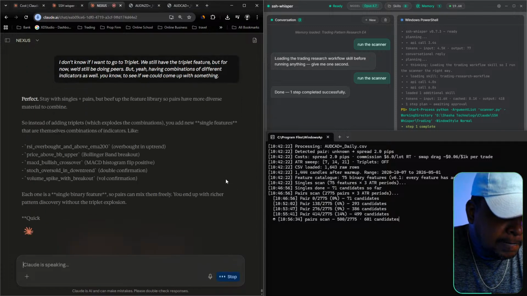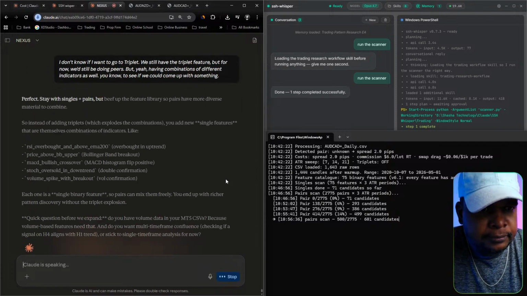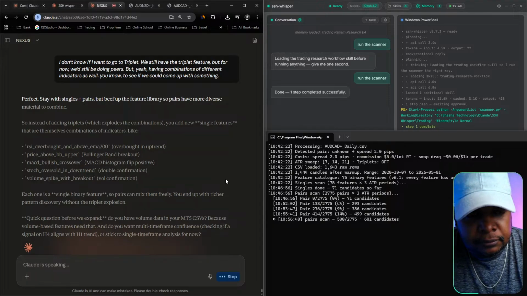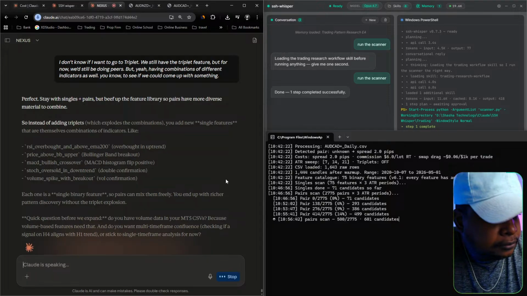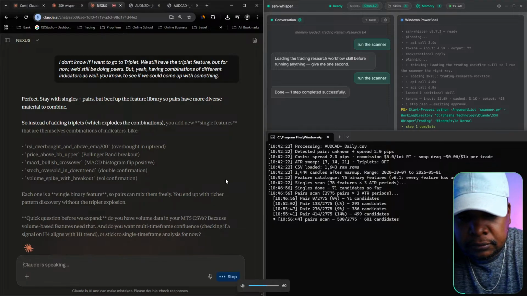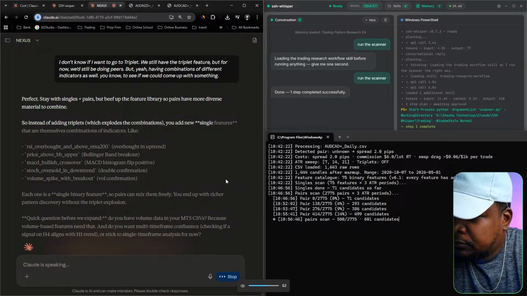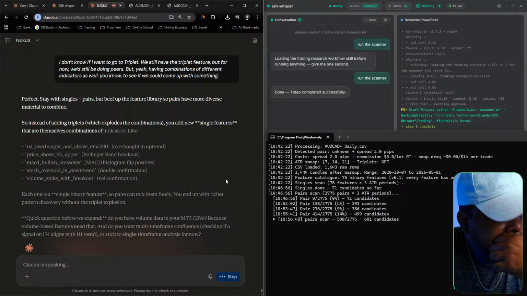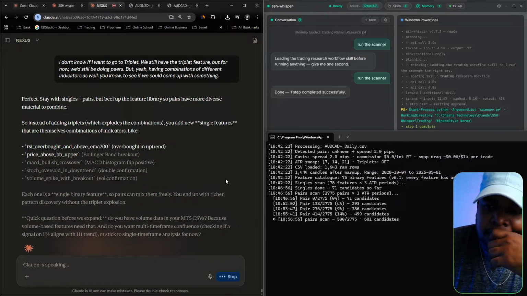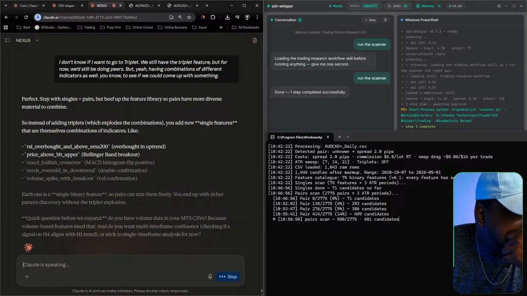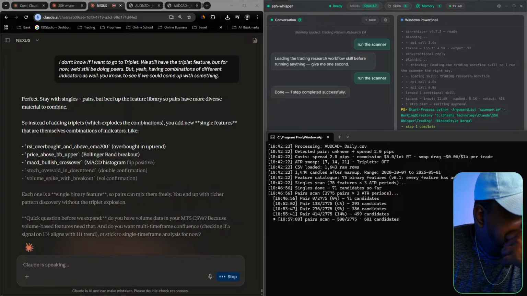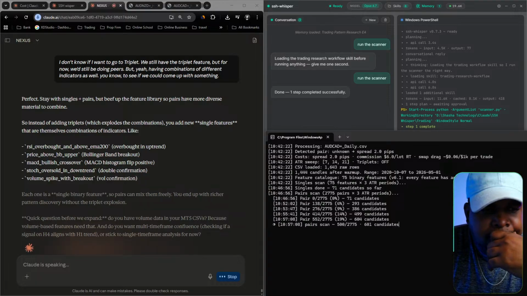Perfect. Stay with singles plus pairs, but beef up the feature library so pairs have more diverse material to combine. So instead of adding triplets, which explodes the combinations, you add new single features that are themselves combinations of indicators, like RSI overbought and above EMA 200, overbought in uptrend, price above the upper Bollinger Band breakout, MACD bullish crossover, MACD histogram flip positive, stochastic oversold in downtrend, double confirmation, volume spike with breakout, volume confirmation.